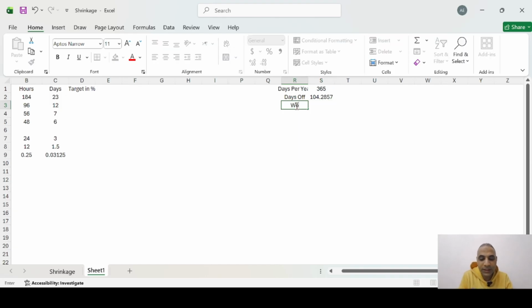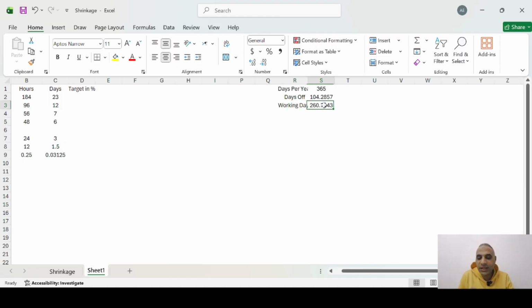So the working days will be 365, we will deduct this 104. So we'll have right now 261 days as working days.